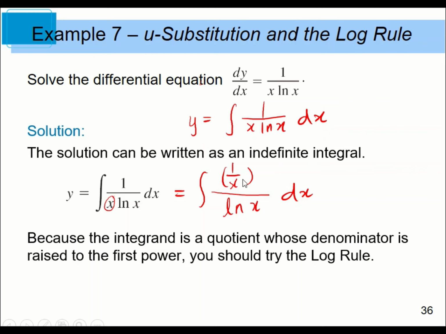So this is the differentiation of this, and we will have the form of u prime over u. The ln x is the u, and differentiating ln x gives 1 over x. So in this case, we are going to integrate this.